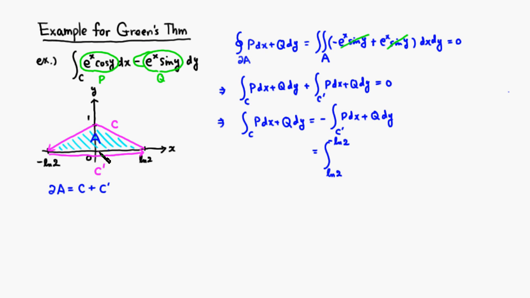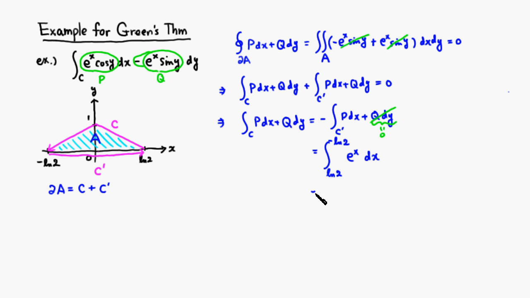Since this is along the x-axis, there's no y change, so this term is going to be 0, and we can ignore it. Then we have to worry about just the P. P is this up here, and note that y is going to be 0, so cosine of 0 is 1, and it's just e to the x dx.